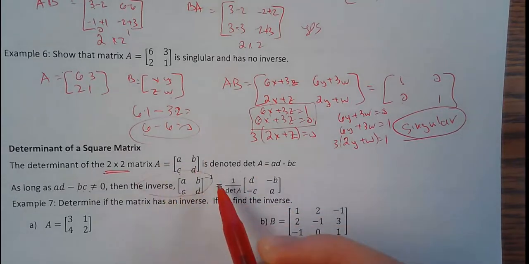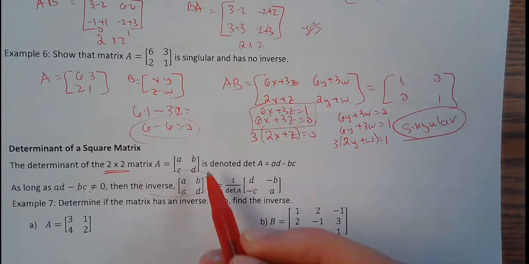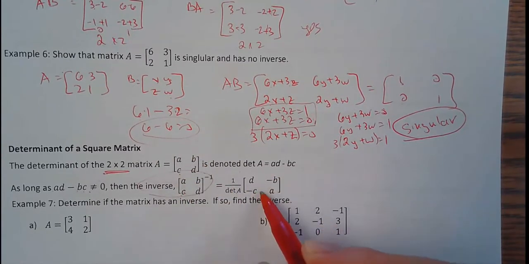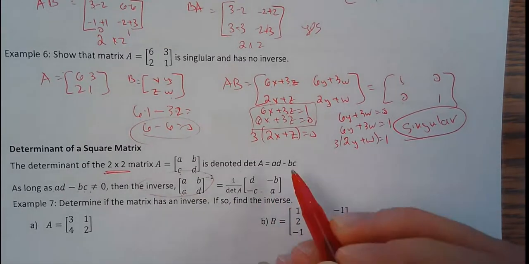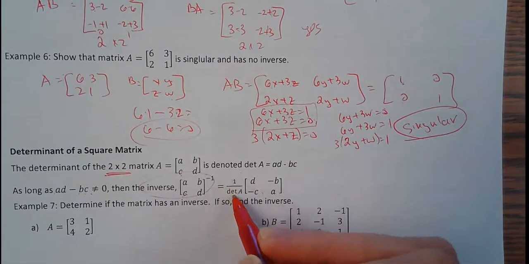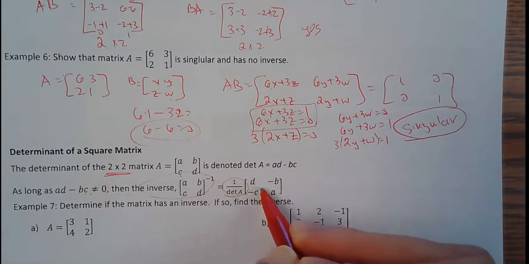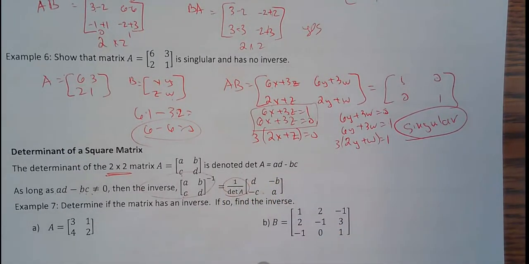It's matrix A but rearranged. A and D switch places, and then B and C switch signs. If we do 1 over the determinant and then distribute that scalar times each of these parts once they've been rearranged, boom, that's my inverse, which is a lot faster than any other method.